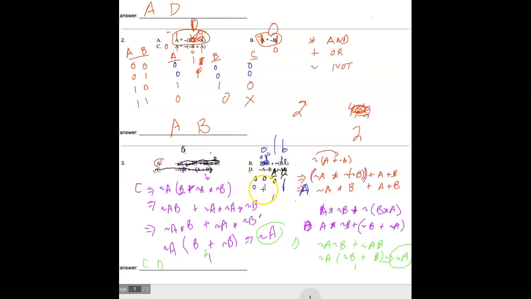Now let's plug 0, 1 into either one of these two, C and D. Well, A is 0, and the not of a 0 is 1.